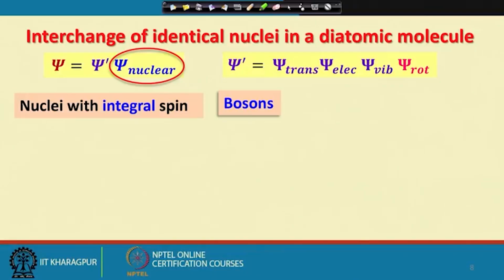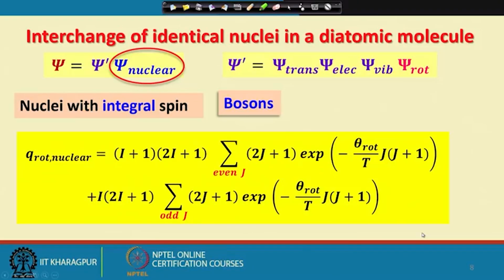Okay, so let us now have a look at the kind of single partition function that we will write for the system where I have nuclei with an integral spin, or where the nuclei are bosonic particles.